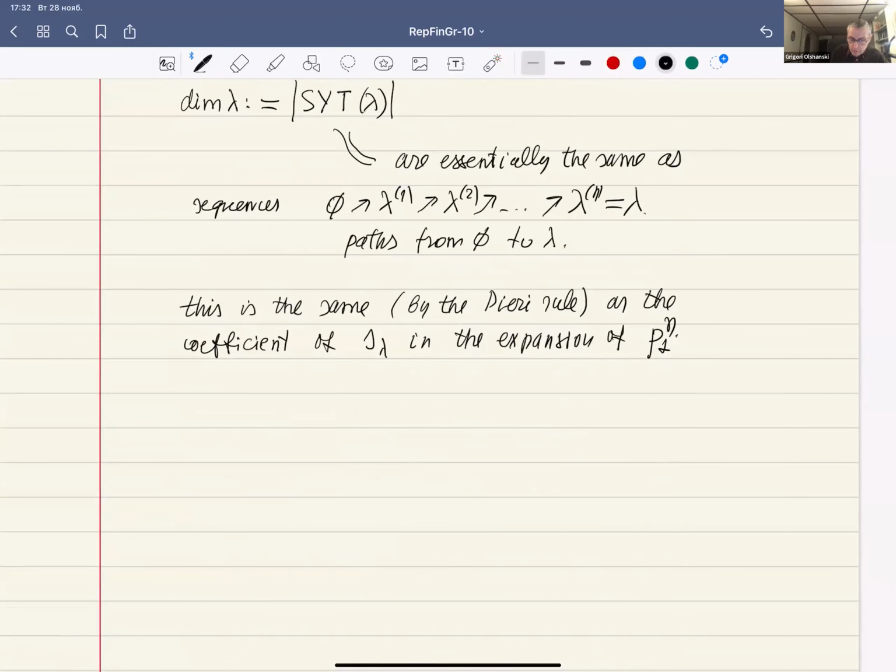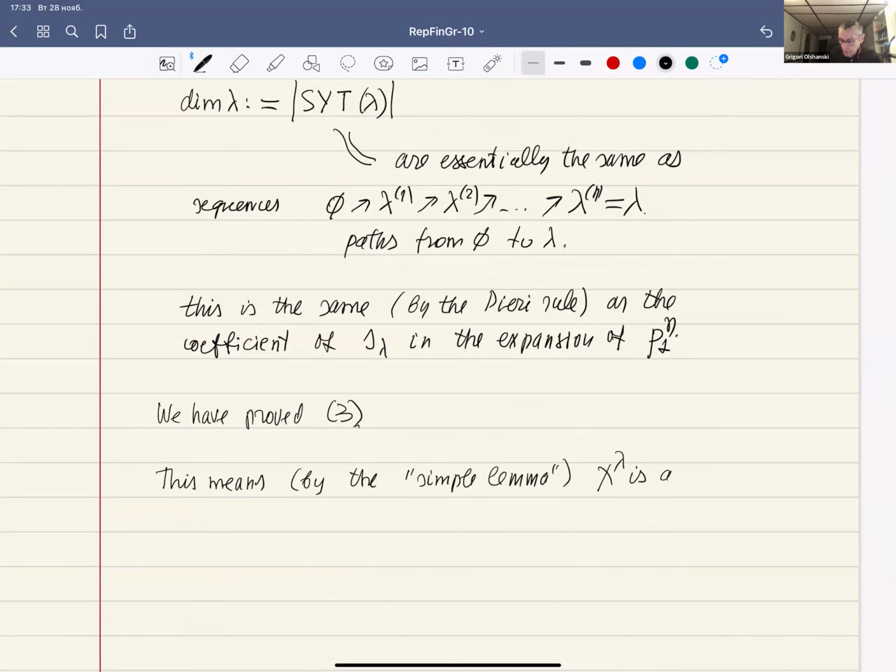So we summarize: we have proved property 3. This means, by the initial simple lemma, that our function is an irreducible character.